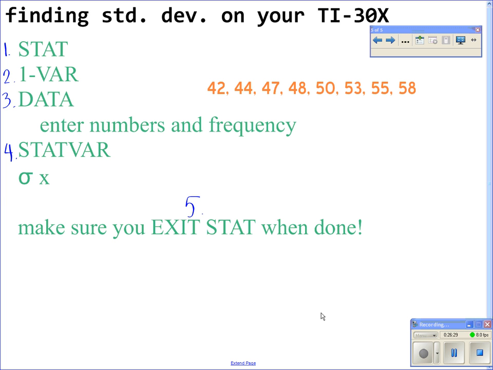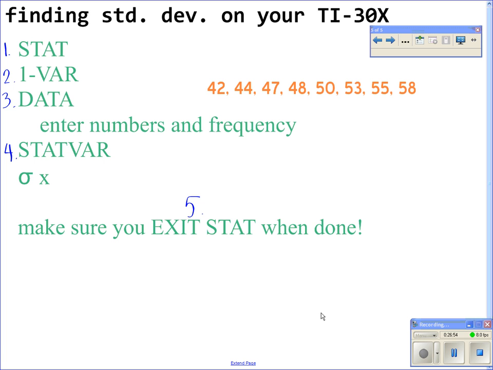So frequency is 1 on all of them. Okay, so once you get those 8 numbers entered, you're going to hit stat var.